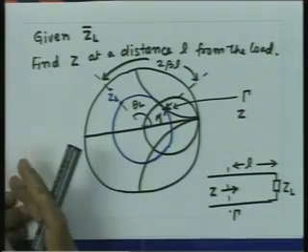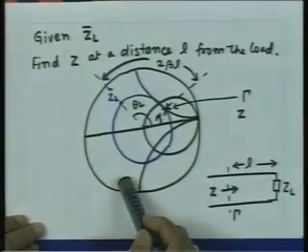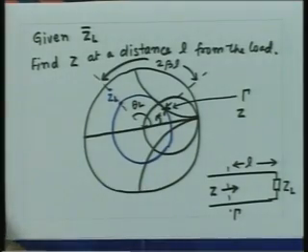So, in the general case, I might move in the clockwise direction or in the anti-clockwise direction, and that will depend upon whether I am moving towards the generator or away from the generator. Let me again mention that the sense of rotation in impedance transformation calculation is extremely important, because that tells you whether you are moving towards the generator or away from it.